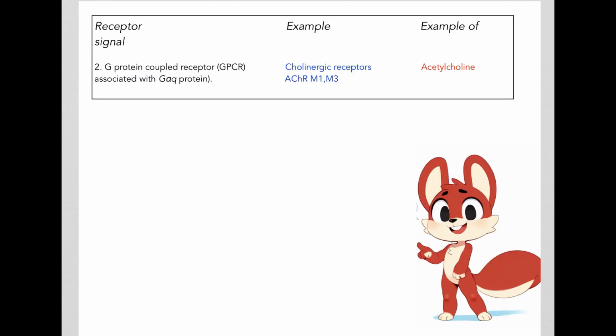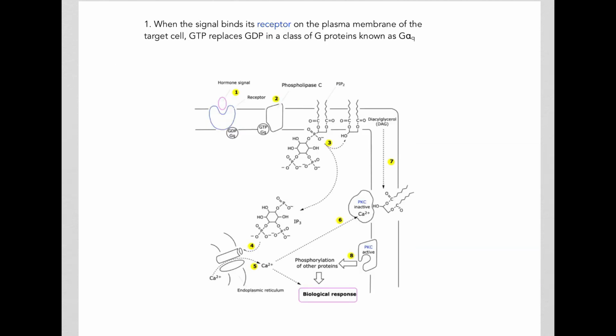Now let's look at a GPCR that is associated with this G-alpha-Q protein. And here we're going to talk about the example of the cholinergic receptors, M1 and M3, that bind acetylcholine.